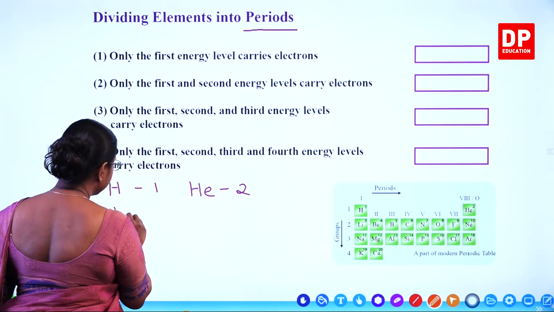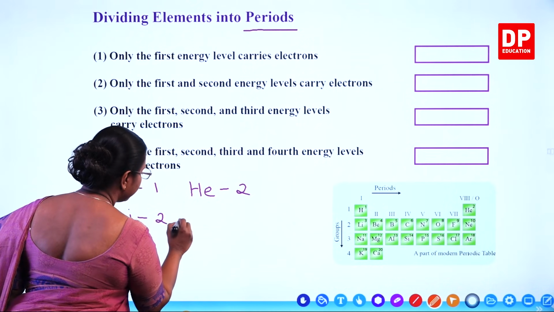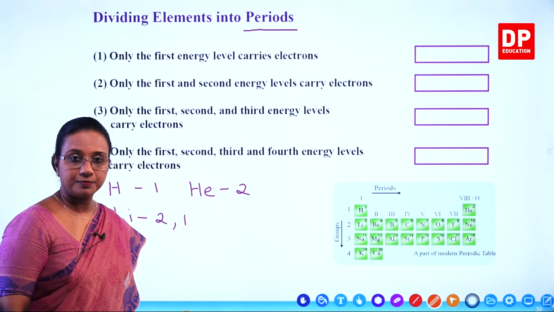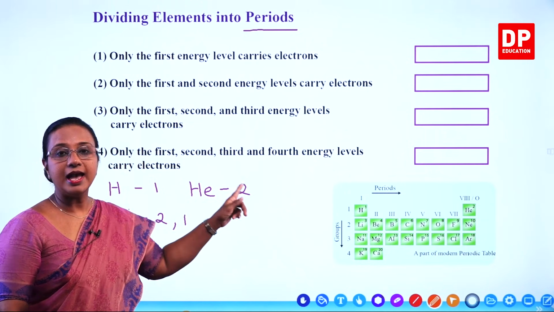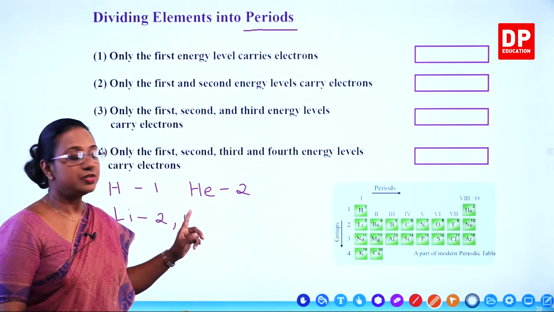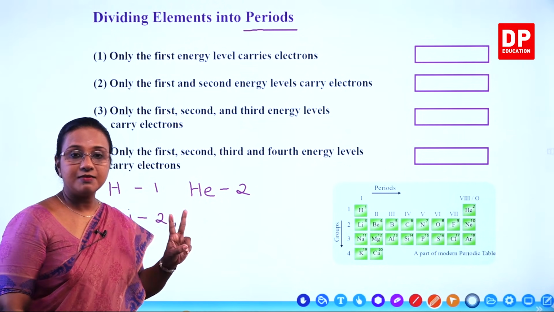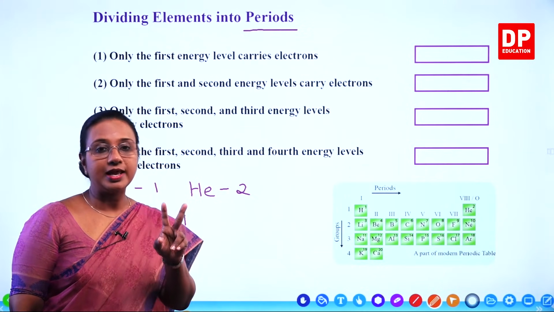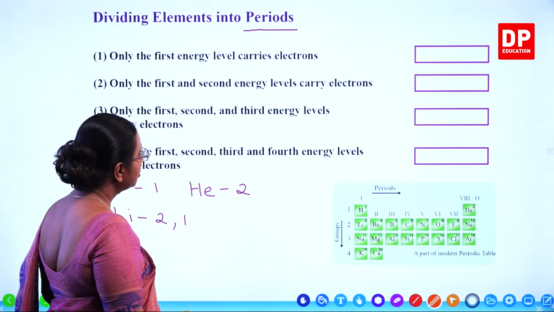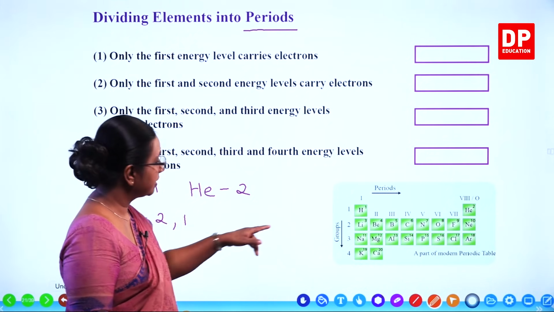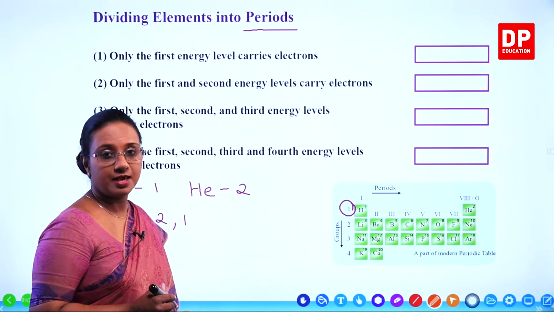Then the third element is lithium with 3 electrons, so the electronic configuration is 2, 1. Here you can see the first 2 elements, hydrogen and helium, have electrons only in their first energy level. The first energy level can accommodate a maximum of 2 electrons, and hydrogen has 1, helium has 2. These 2 elements belong to the first period of the periodic table.